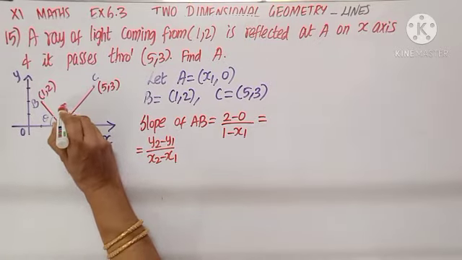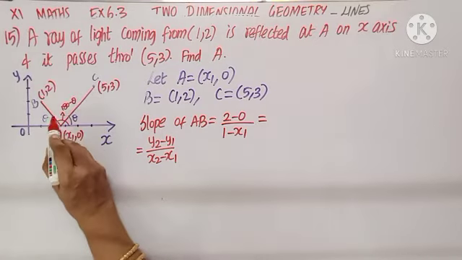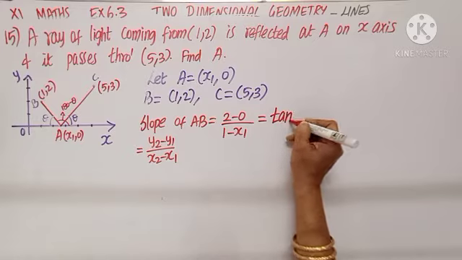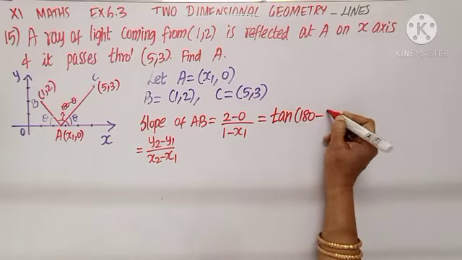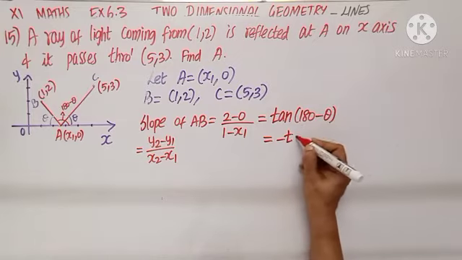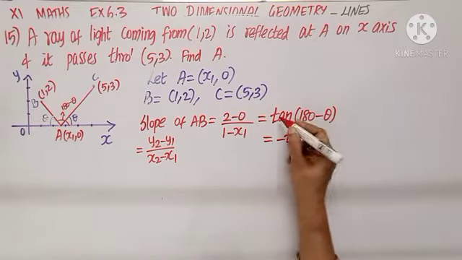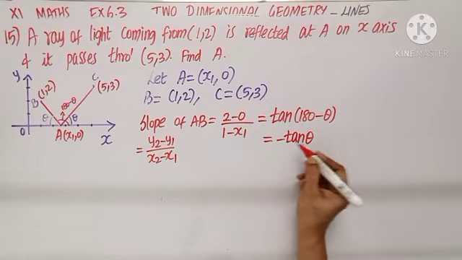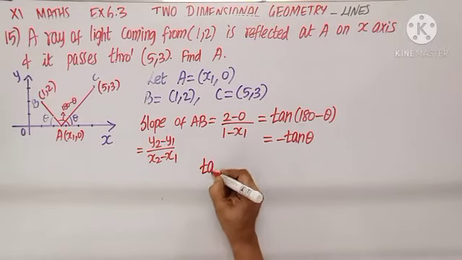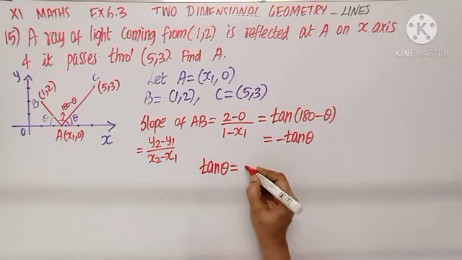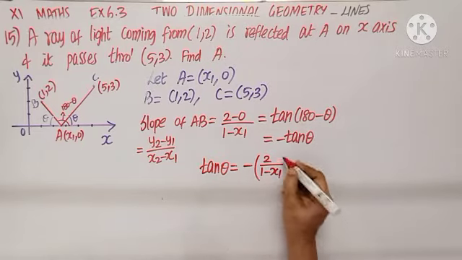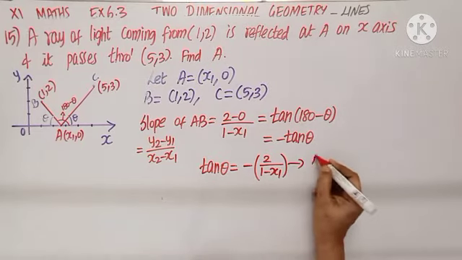So, when I know the angle is 180 minus theta with the x-axis, I can also call the slope of AB tan of 180 minus theta. 180 comes, no change, but in the second quadrant tan is negative. I get minus tan theta. So what is tan theta from here? It is minus (2 minus 0) by (1 minus x1). Call it number 1.